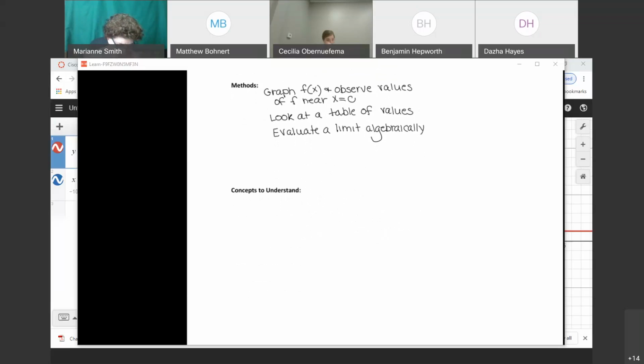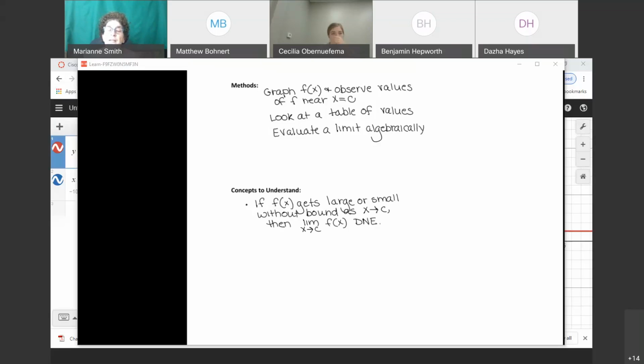The concepts to understand: if f of x gets large or small, out of bounds, as x approaches c, then the limit as x approaches c of f of x, DNE, means does not exist.